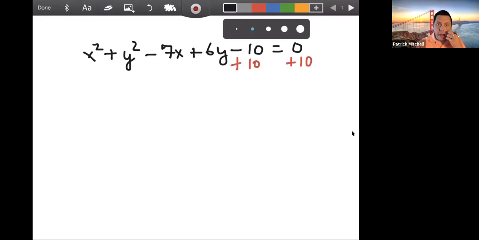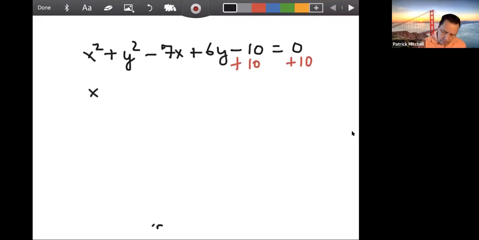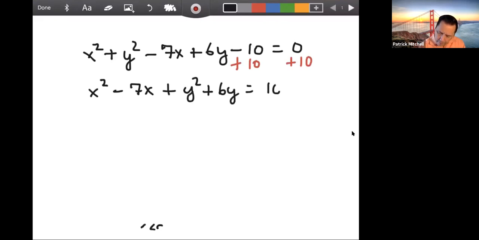So after I do that, I'm going to get x squared minus 7x plus y squared plus 6y equals 10.